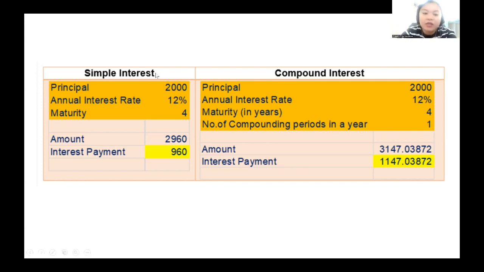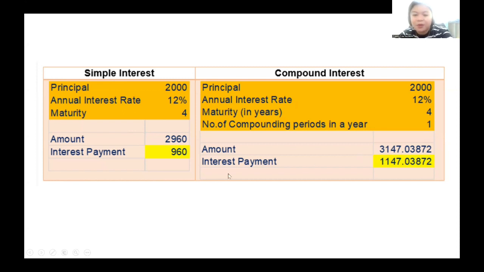If you look at the amount after 4 years, from 2,000 it becomes 2,960 with simple interest. Okay, so meaning your money earned 960. As for compound, from 2,000 it becomes 3,147. Okay, so basically its earnings is 1,147. That is bigger compared to simple interest, especially if we're talking about millions. So if it's an investment, that's good, but if it's a loan and you don't pay it, it grows.